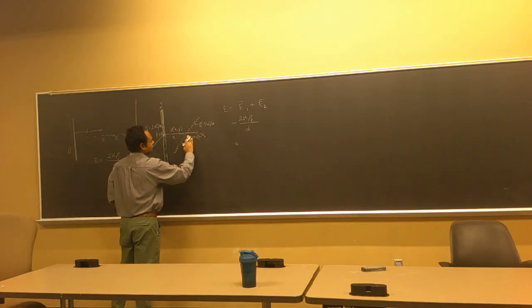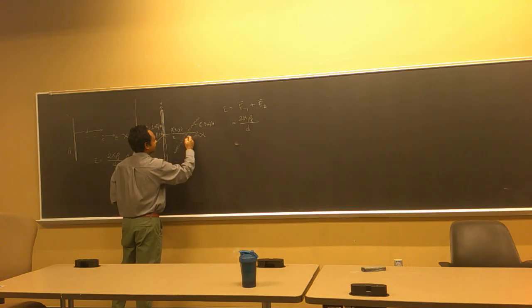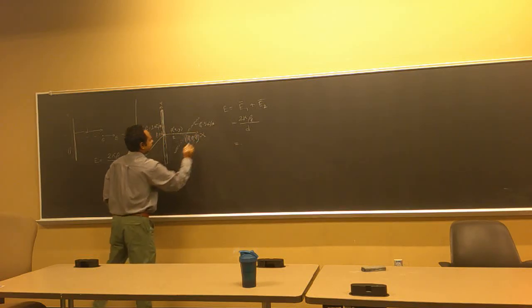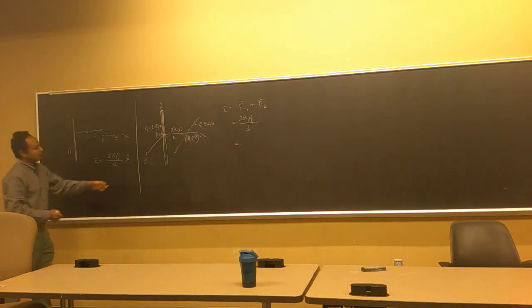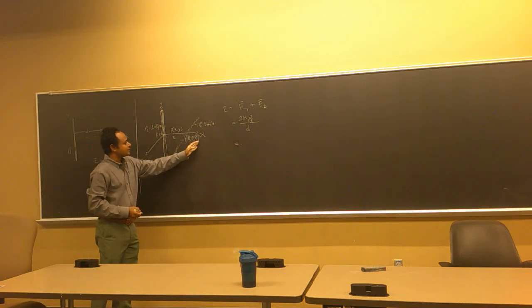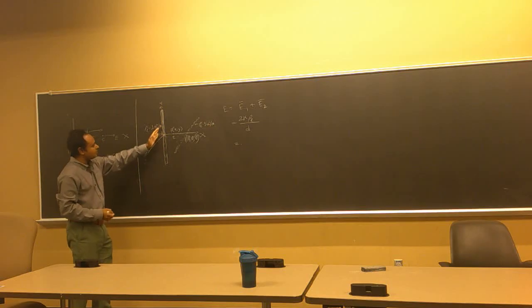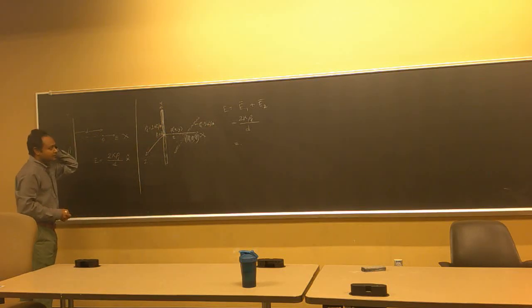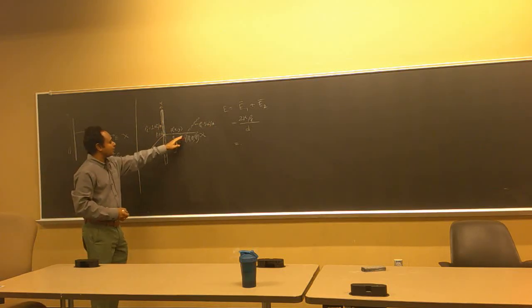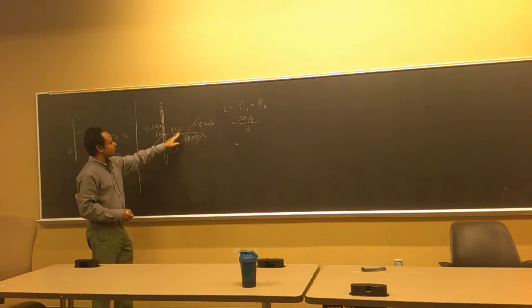Let me write it in a better way. So the other guy passes through 10, 0, 0 point. The first guy passes through 0, 0, 0 point. That is our equation. And we want to calculate an electric field exactly in between those two wires.